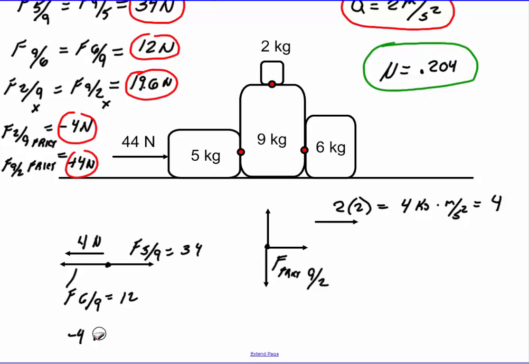So minus 4 minus 12 plus 34 must equal 9 times A. Do you agree with that? So that's minus 16, which gives me 18. 18 is equal to 9A, so A is equal to 2. Good question, very good question. Okay, good with that one.